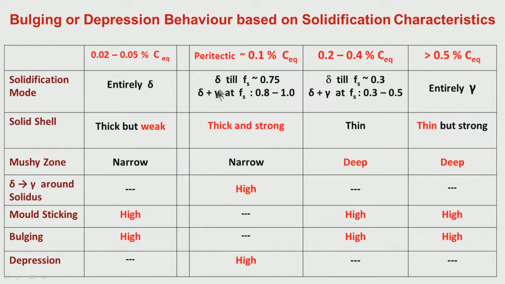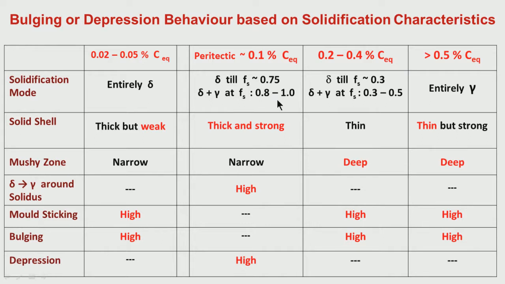So, it goes from delta to liquid plus delta plus gamma, that means the peritectic reaction is starting at a solid fraction of say 0.8, and the whole delta to gamma transformation, the peritectic transformation, is taking place in the solid fraction of 0.8 to 1, where 0.9 to 1 is the crucial brittle temperature zone.